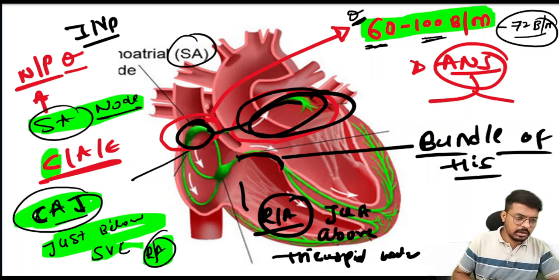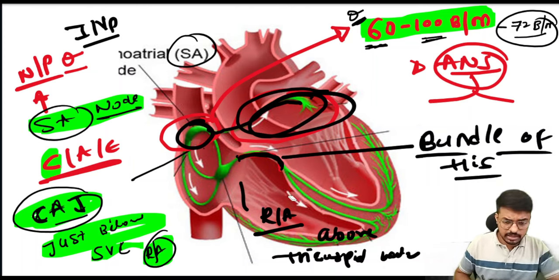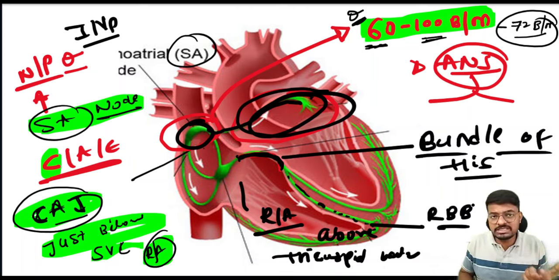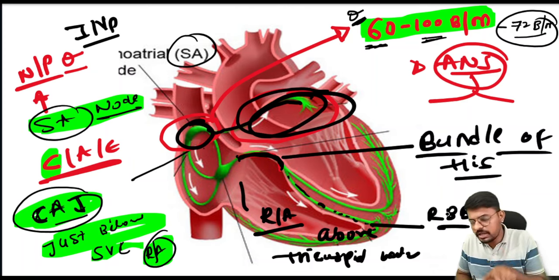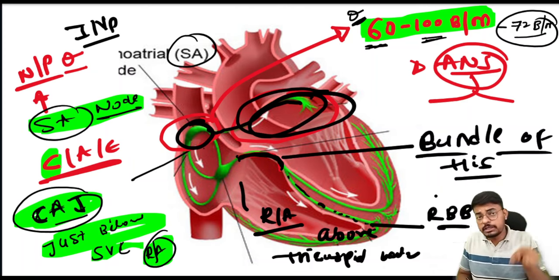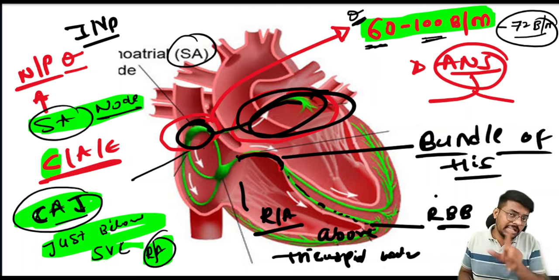So from this bundle of His, the electrical signals will transmit to the bundle branches. Okay, so this bundle branch with this green color line, what you are seeing here, this one is the right side, so we call this one the right bundle branch. In the next sessions, you people will study the right bundle branch block, the left bundle branch block, bundle of His block and formation of the delta wave.